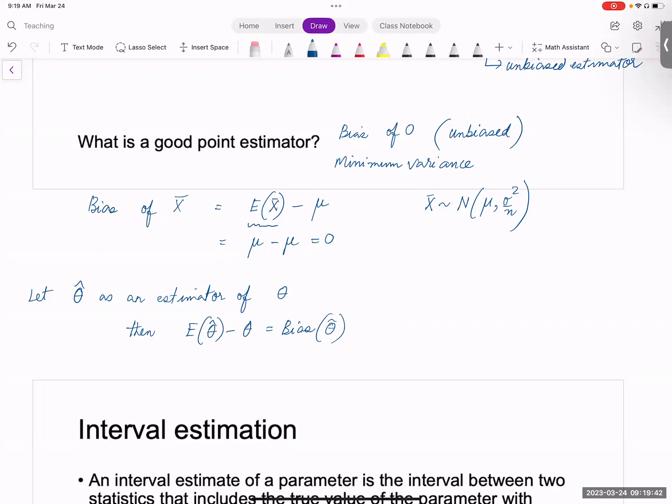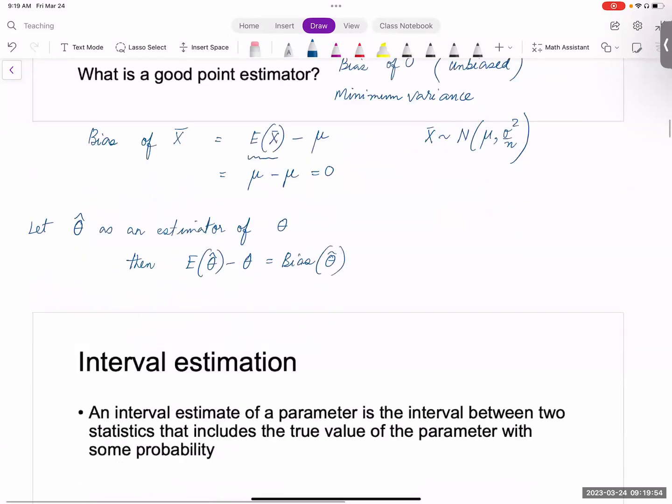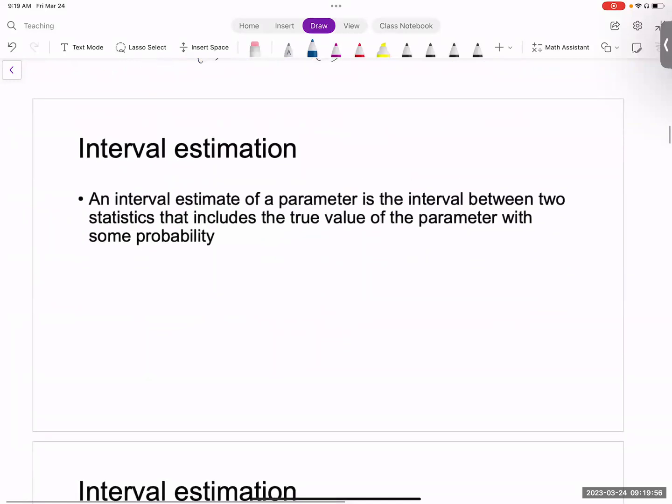So we are not again going into the depths of the bias computations, but what I want you to remember is a good point estimator is always unbiased and has the minimum possible variance, right? Okay, now let's move on to interval estimation.